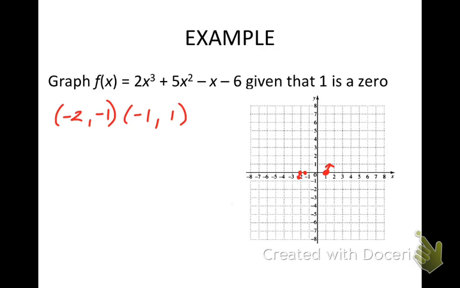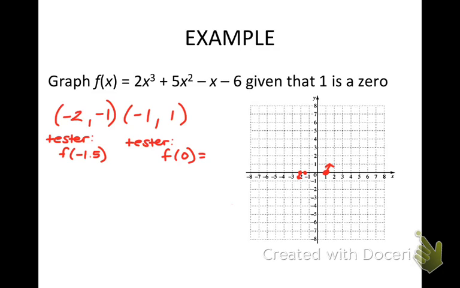So pick a tester point. What's a good tester point between -2 and -1? My tester is going to be f of negative 1.5. And a good tester point between negative 1 and 1 is 0. So a good tester here would be evaluating the function for 0. Let's do the 0 one first. That one's easier. If I plug in 0 up here, what am I going to get for my output?